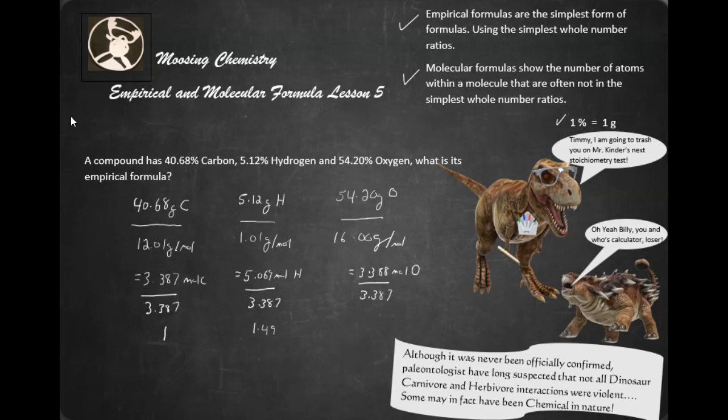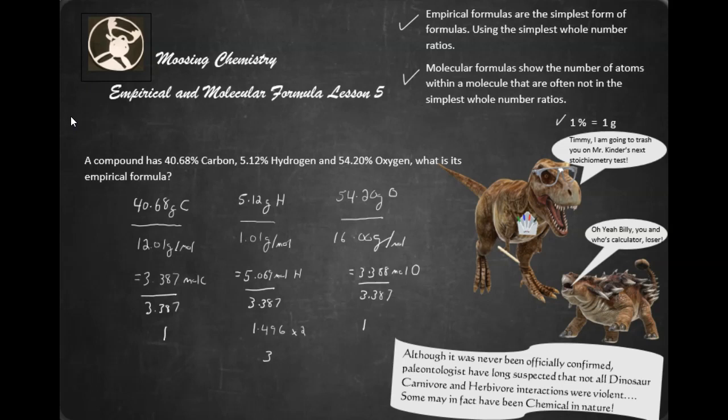And this is going to give me, of course, 1. Basically 1 here. So you see this 1.496, we're going to have to multiply it by 2 to get to the closest whole number, which gives us 3.